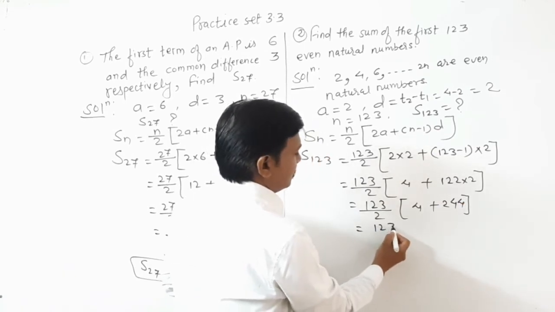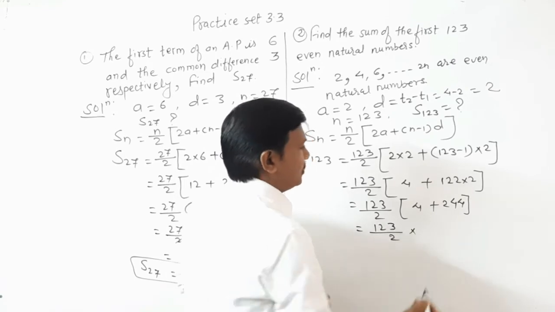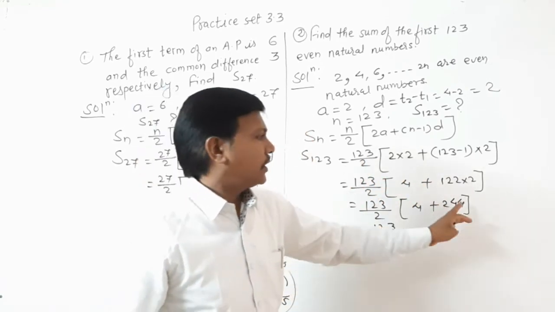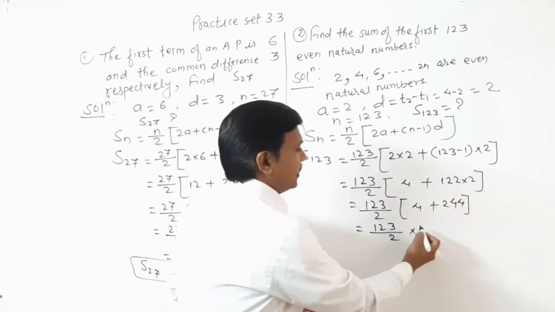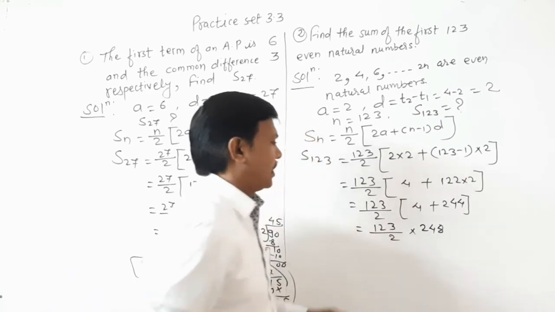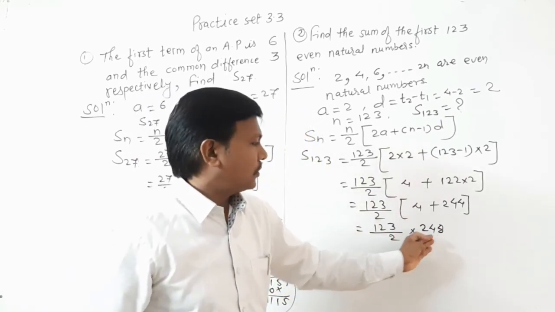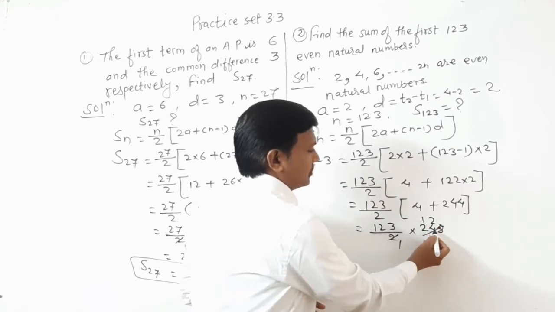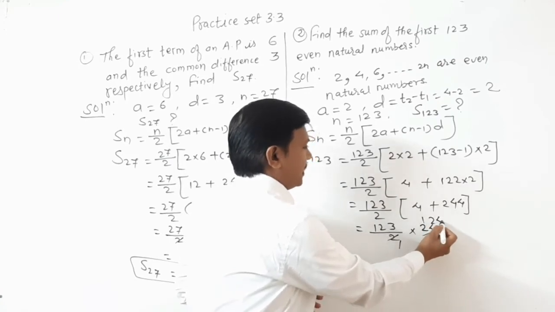So 123 upon 2 into 244 plus 4, that is 248. And divide this 248 by 2, then 2 1s are 2, 2 2s are 4, and 2 4s are 8.